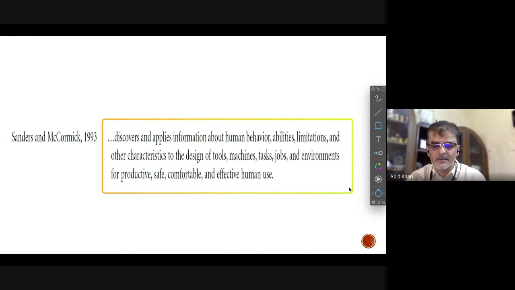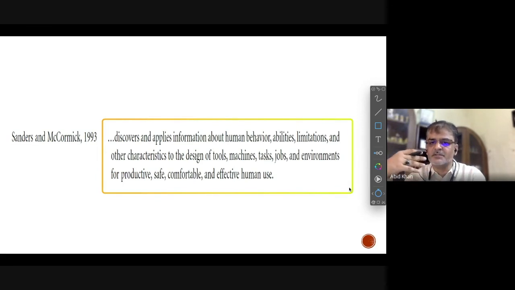For example, if you don't have space to work underneath the car, you cannot repair the bottom elements of the car. If you don't have space to put your leg comfortably on the ladder, because it is so thin, then you cannot go up to repair anything on the electric pole. So things have to be designed according to human ability.